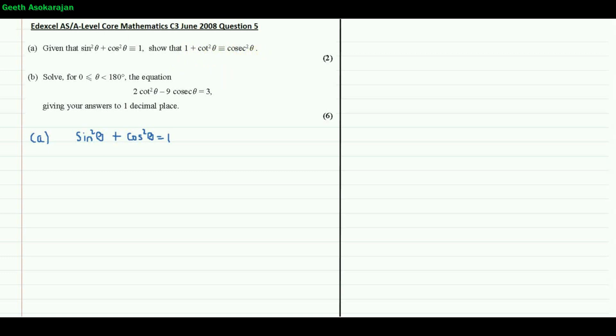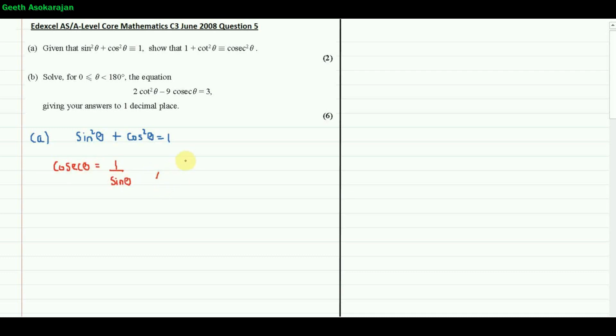Now if you're unaware of these ratios, let me briefly talk through them. There is a ratio for cosec, and remember cosec is 1 over sine. So 1 over sine theta gives us cosec theta, okay?